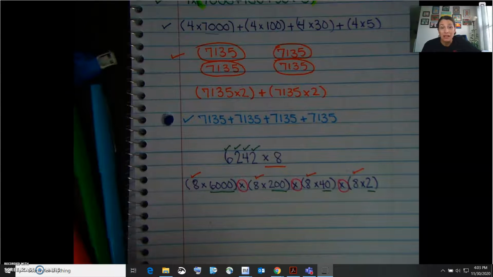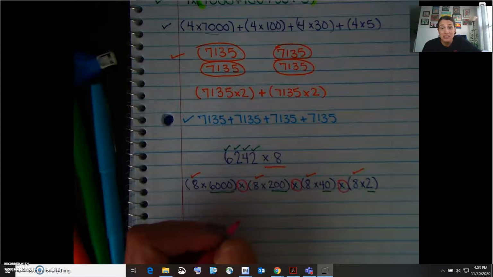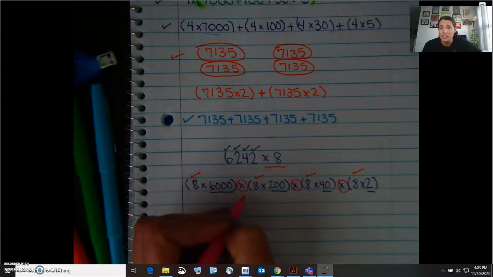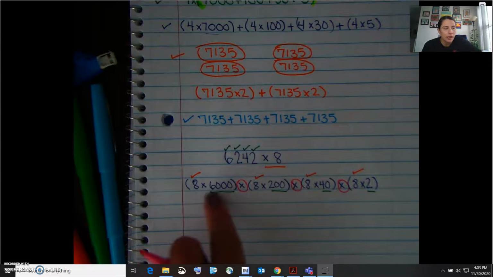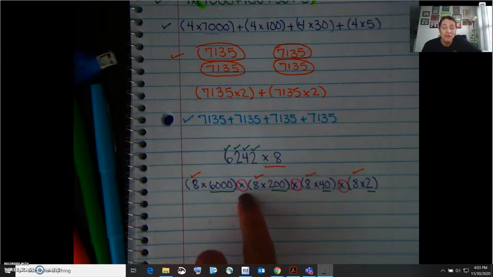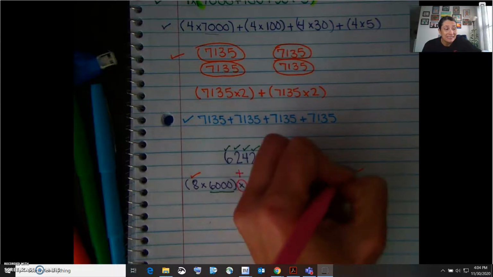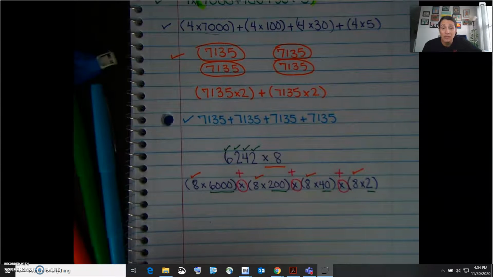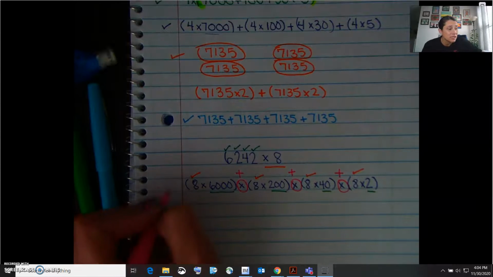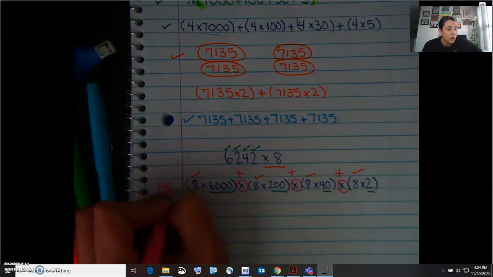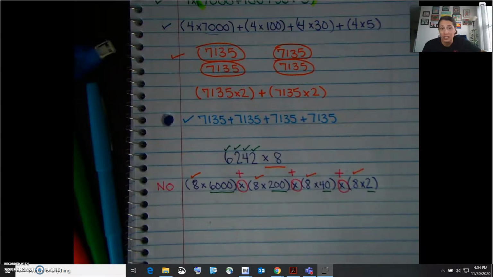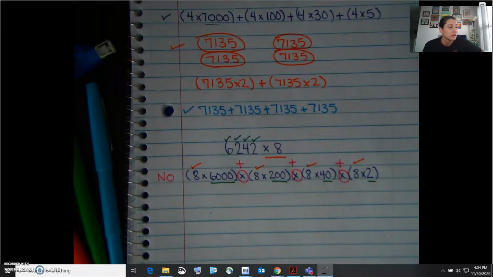They multiplied. They did not plus it, or they did not add it. So is this correct? Nope, because everything is correct except they forgot that this needs to be added together. So this is a no, that does not equal the same thing.